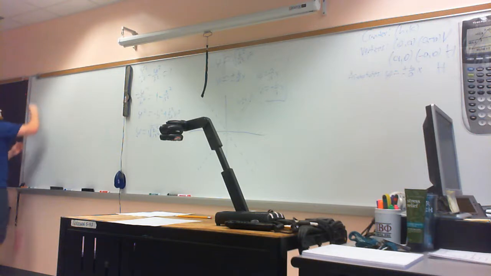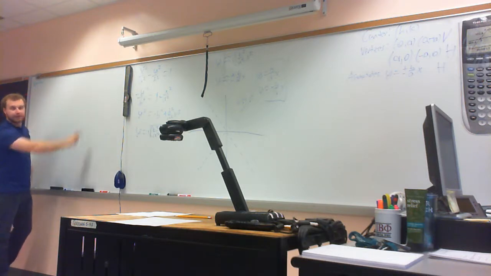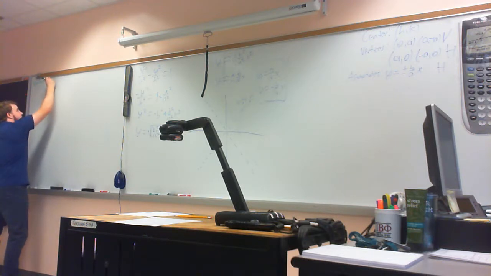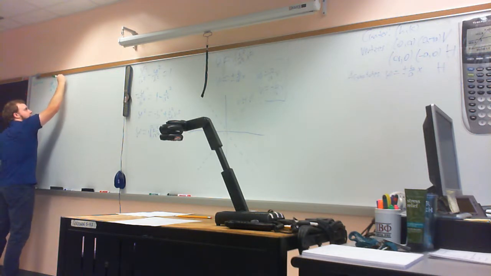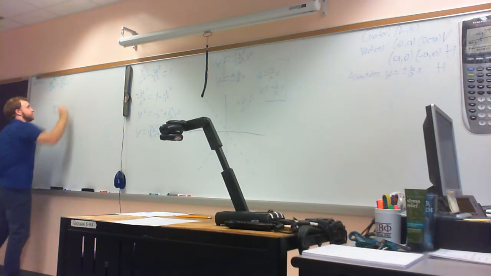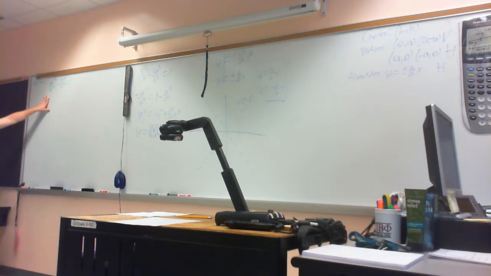Okay, so this one is vertical. For the vertical case, we're swapping the y and the x, right? The a still stays on the left. So y squared over a squared minus x squared over b squared equals 1. That's our vertical equation. We're still assuming the center is at 0, 0, so h and k are both 0.